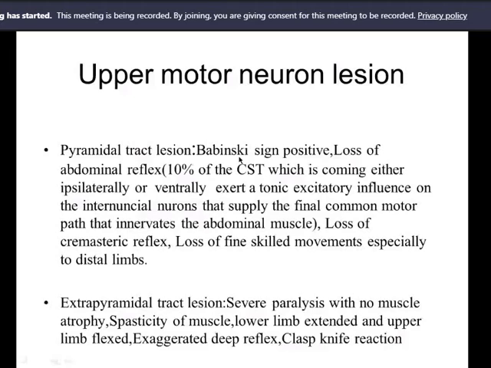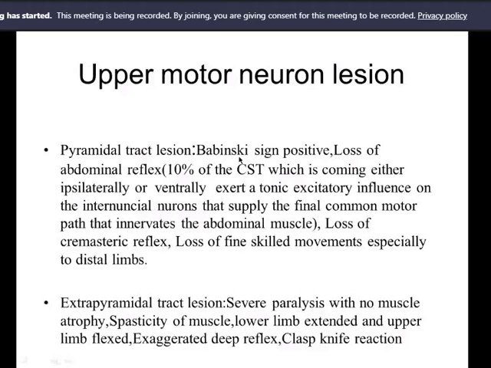If you initiate that reflex by scratching the sole of the foot, your practical book is there, so you can see in which way you have to scratch. So if the sole of the person's foot is scratched, what will happen?